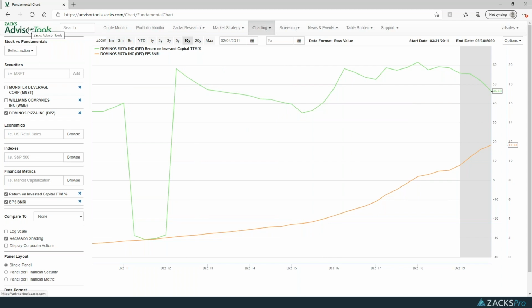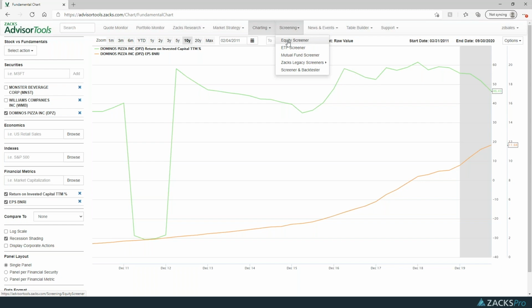And so now I'll show you, how do we find companies like this? How do we find the monsters and the Dominos? How do we find other potential investment opportunities like this? So let's come over to our screener. The place to go to launch it would be under screening and screener and backtester. You can use the equity screener as well, but this is a little bit more of a simplistic screener.